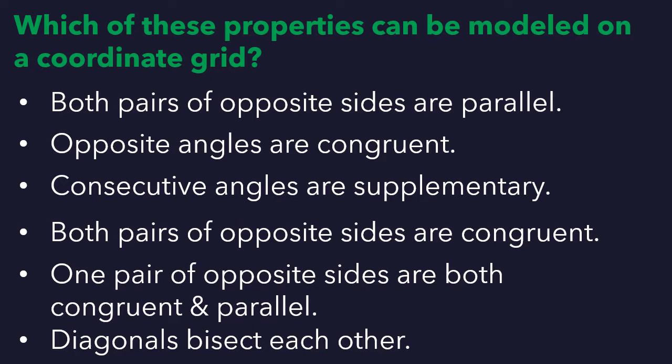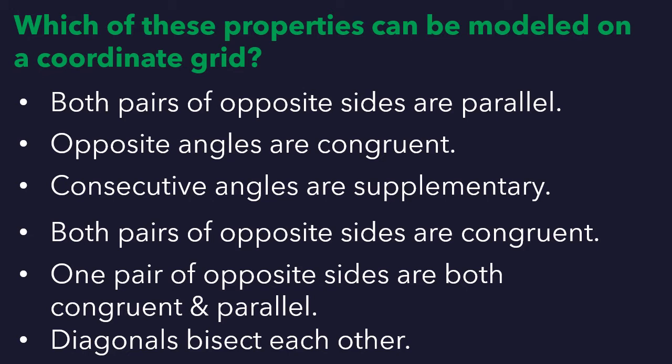So when we look at these properties of parallelograms, we need to think about which of these can be modeled on a coordinate grid. When we look at plotting points and making a quadrilateral on a coordinate grid, I can do a lot of things with the sides, but I can't do much with angles.